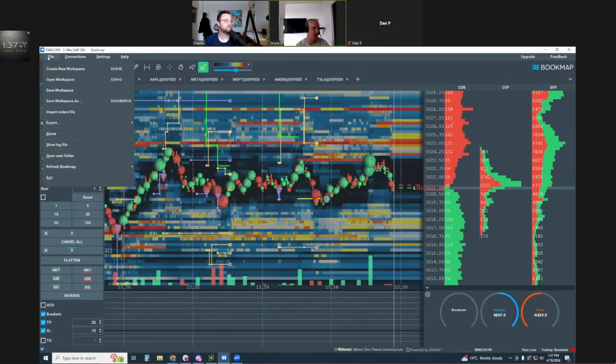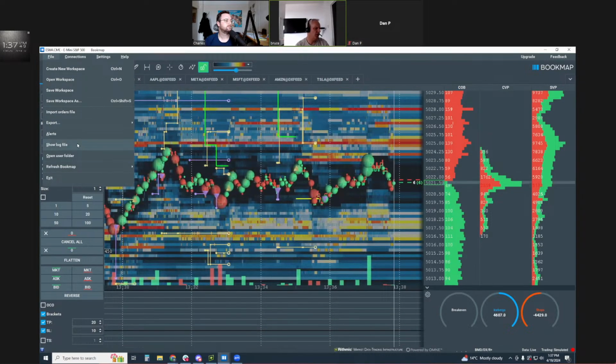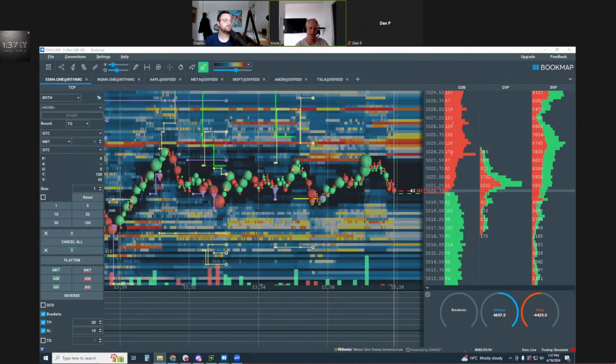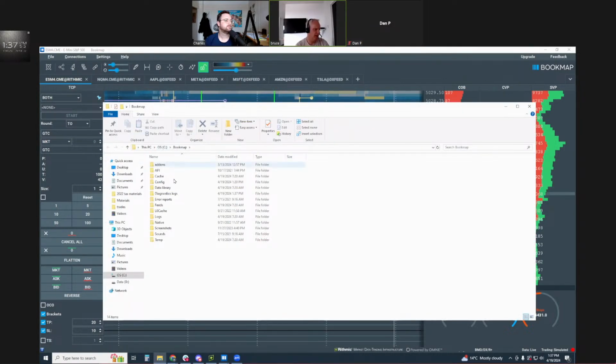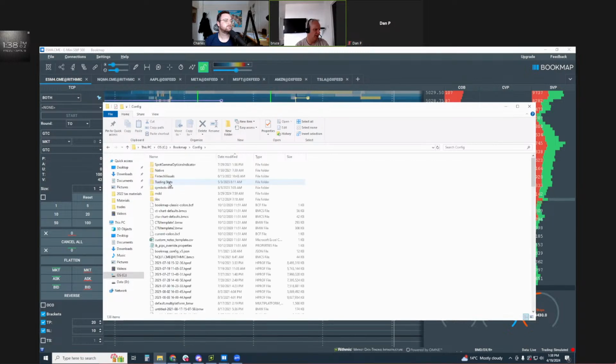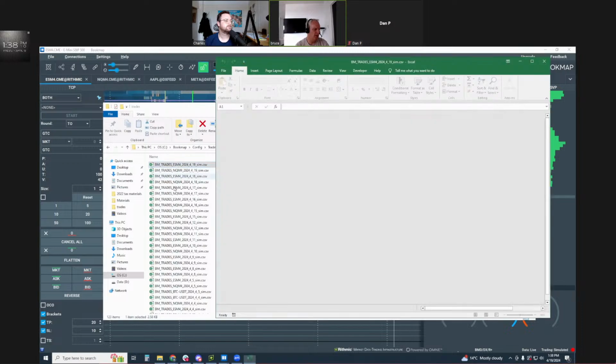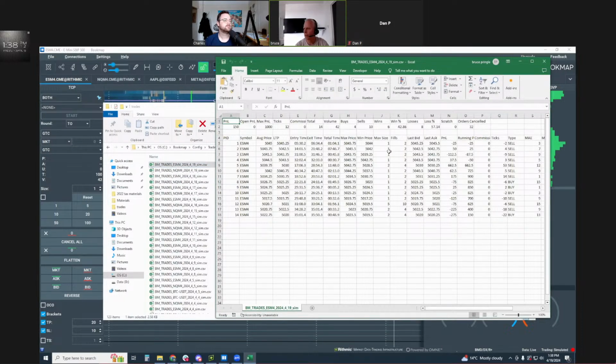If you go up to File, show your user folder, it's under here in your C drive, under configuration and trading statistics, trades, filter by date, and then you can open it here. So here it is. You can copy and paste this and do whatever you want with it.